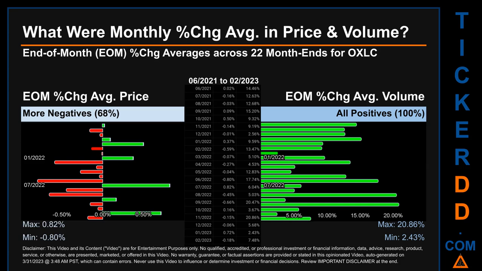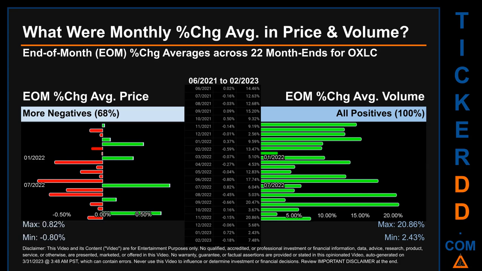From 06/2021 to 02/2023, out of 22 month ends, 15 had a negative percentage change in average price, meaning 68% of month ends saw a negative percentage change in average price. In terms of volume, 22 out of 22 month ends had a positive percentage change.